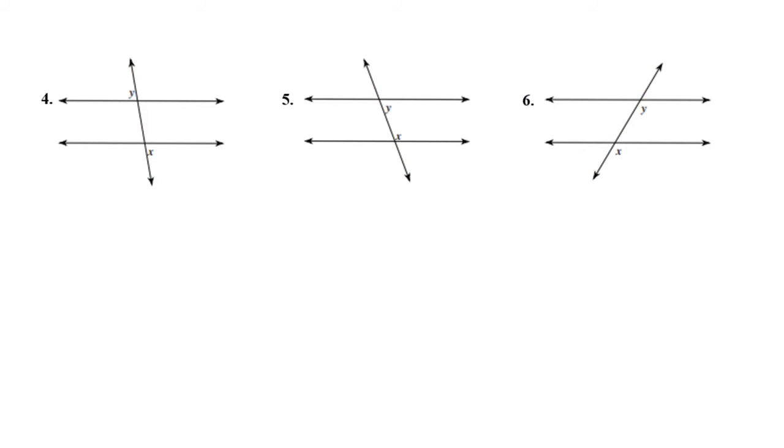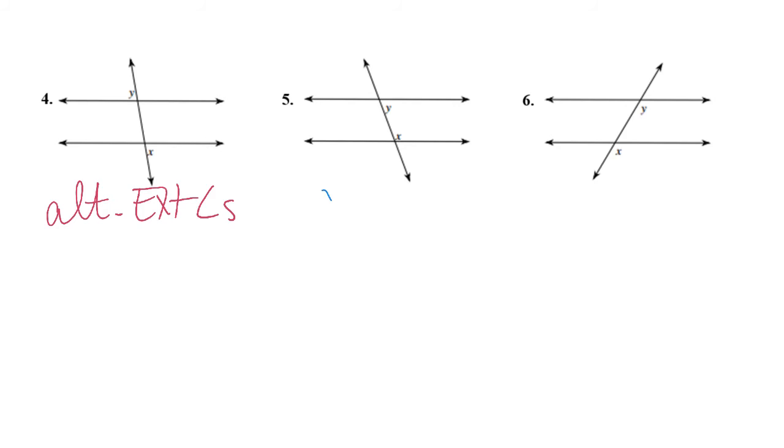All right, looking at number 4, we want to try to identify this. They are on the outside of the parallel lines, and it is on the opposite sides of the transversal. Therefore, it's going to be alternate exterior angles. All right, number 5, they are on the same side of the transversal, so it's either corresponding or consecutive. So they are on the same side and they're inside the parallel lines.